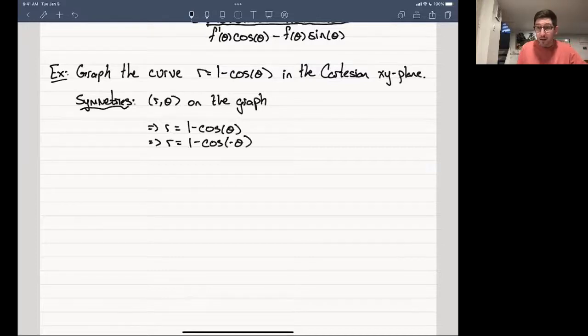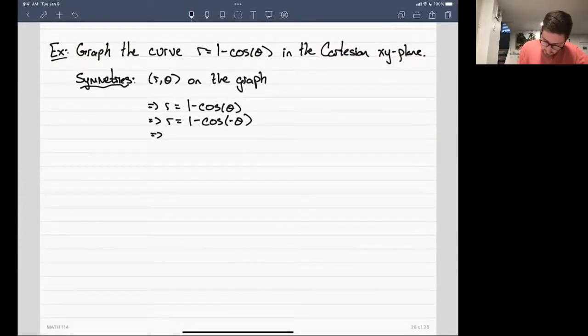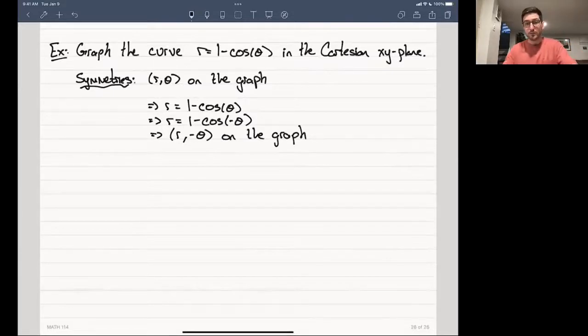For any theta, this is going to work because cos is an even function, which tells me similarly that r and minus theta obey this equation, and therefore they are on this graph too. So that's how you apply those symmetry arguments here.